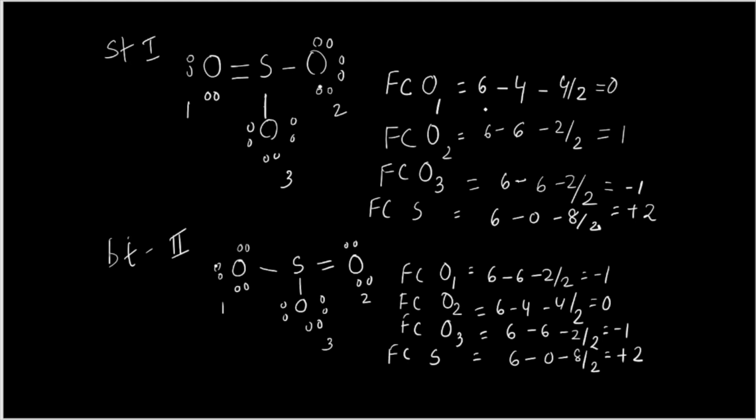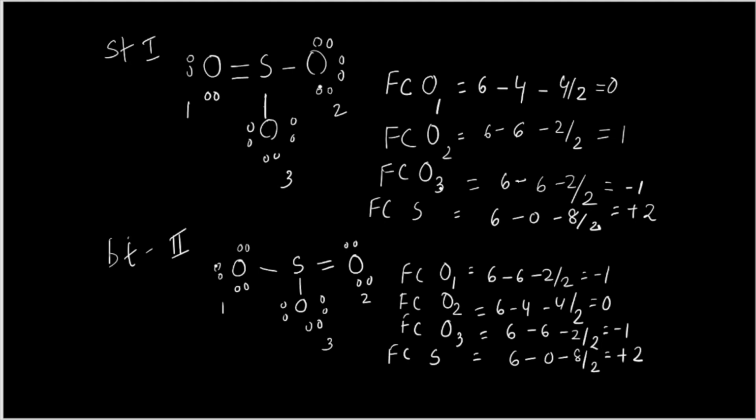So you should calculate the formal charge as valence electrons minus non-bonding electrons minus bonding electrons divided by 2. In the first structure, oxygen 1 gives 0. For oxygen 2, the valence electrons are 6, the non-bonding electrons are 6, and 1 bond is formed, so 2 by 2 is 1, and 6 minus 6 minus 1 gives minus 1.